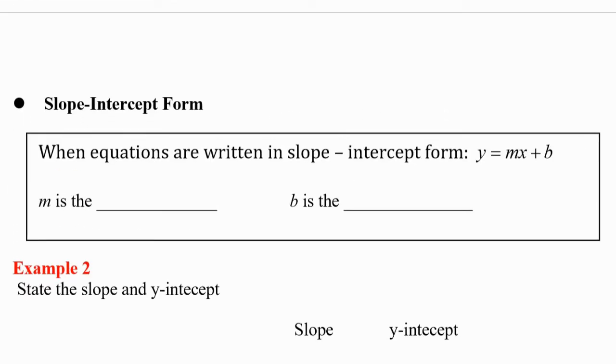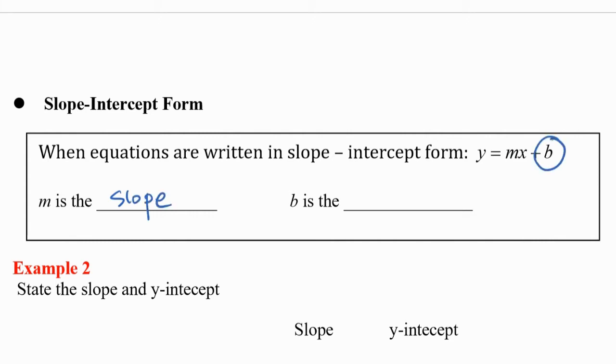Okay, here's the summary. Slope-intercept form is telling you the slope and y-intercept. When you have an equation of the form y equals mx plus b, m is the coefficient of x. So the coefficient of x is the slope.